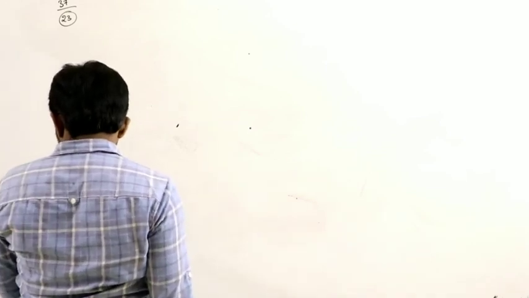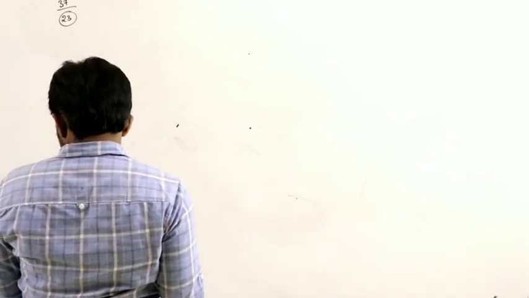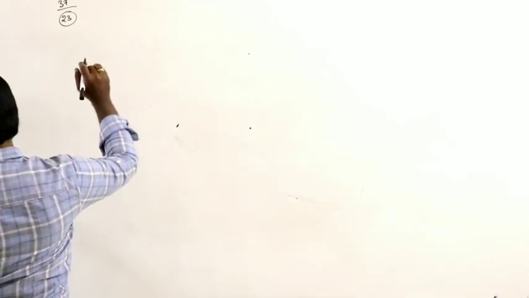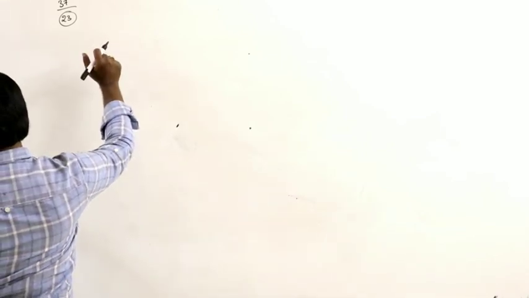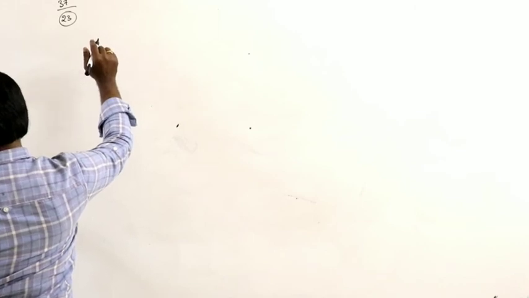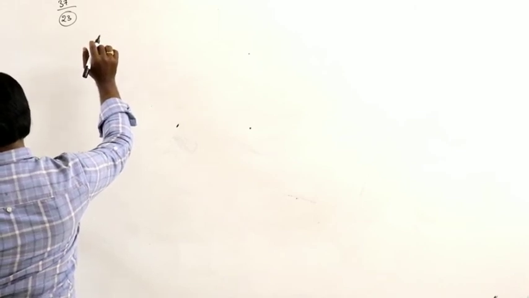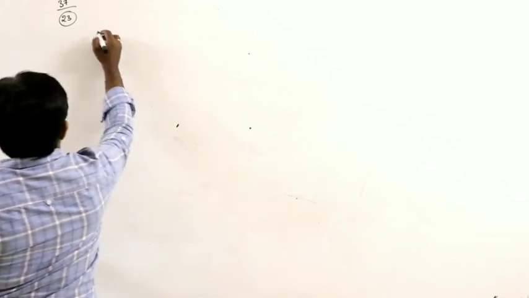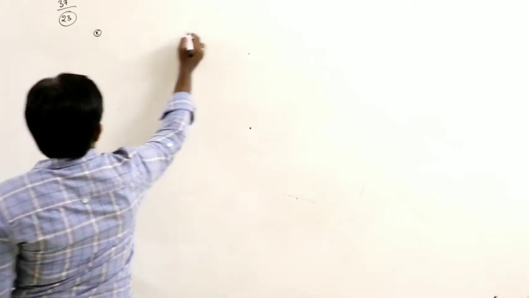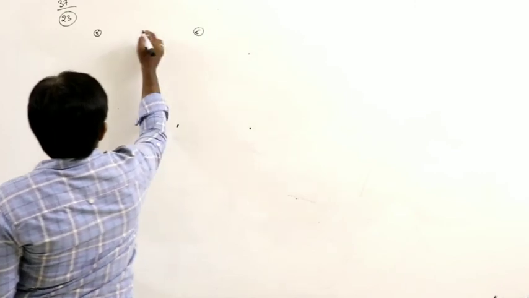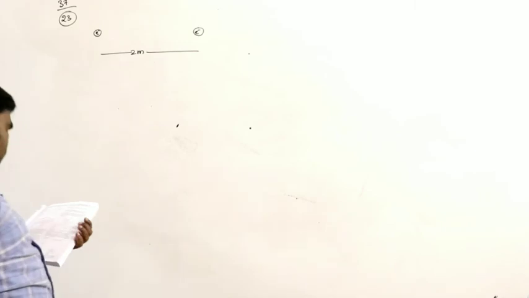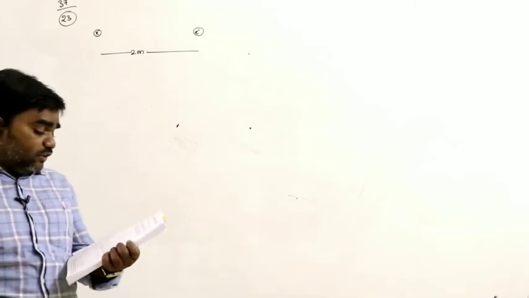Two stationary electrons, this is one electron, this is one electron, separated by a distance of 2 meters. Initially an electron is traveling from infinity.